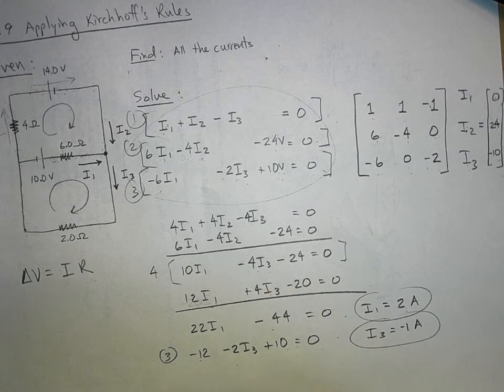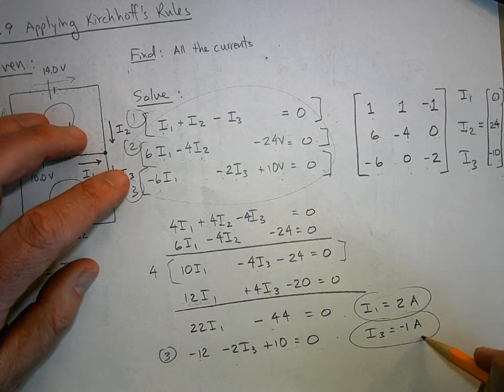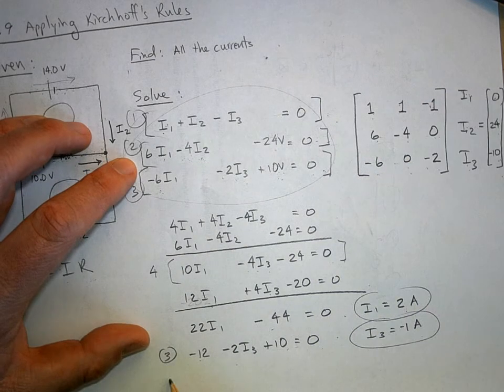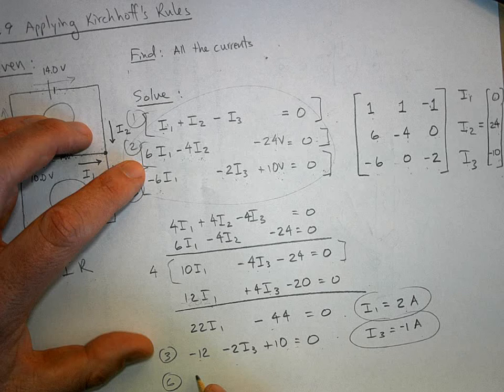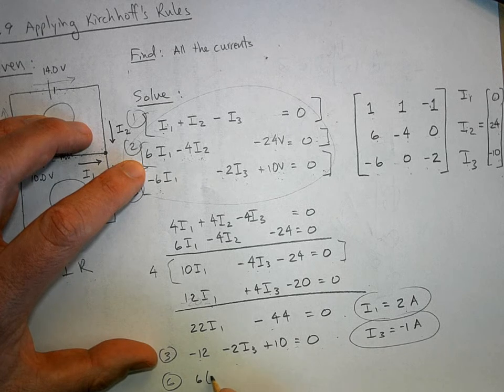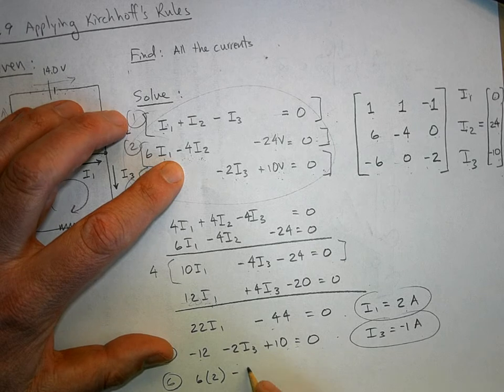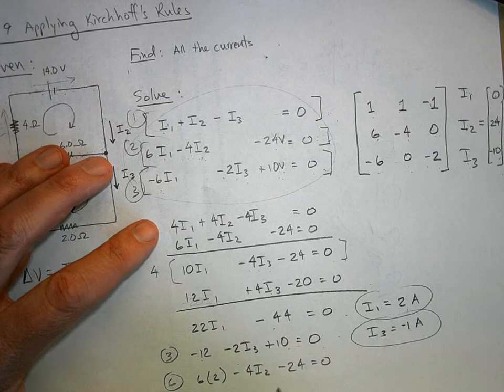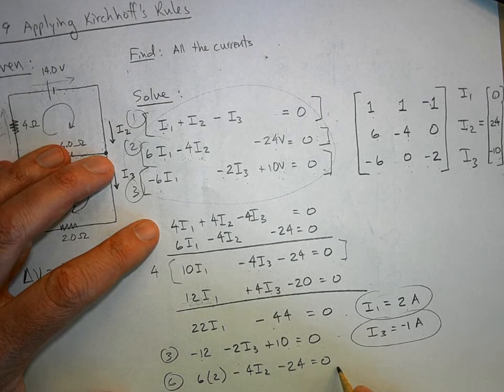All right, and now that I have I3, or actually, I'm going to plug in I1 into equation 6. So I have 6 times 2 minus 4I2 minus 24 equals 0. So I'm going to have, well, 12 minus 24 is negative 12.